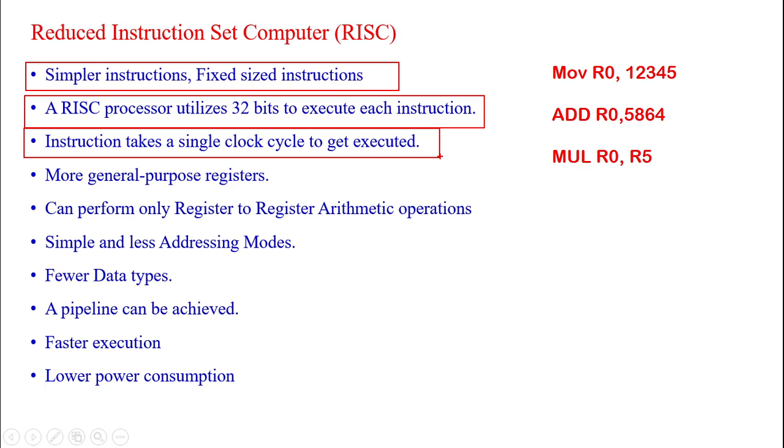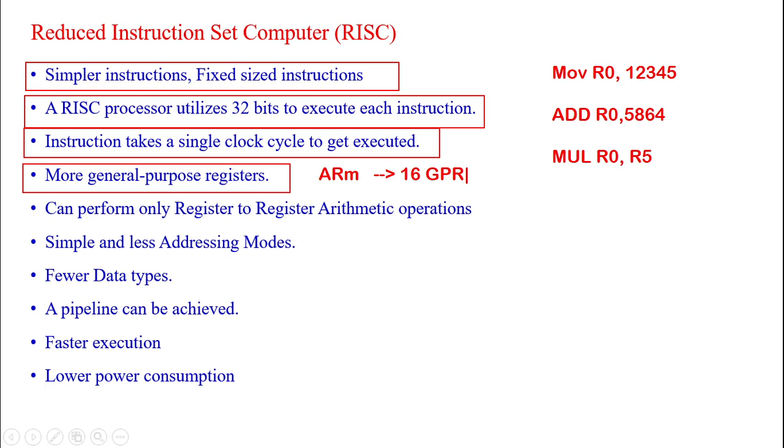The same thing compared with CISC, which will take more than one cycle, but RISC will take only a single cycle. And in the case of RISC, we will have more general purpose registers. Even if you take the example of our ARM processor, it has a total of 16 general purpose registers.